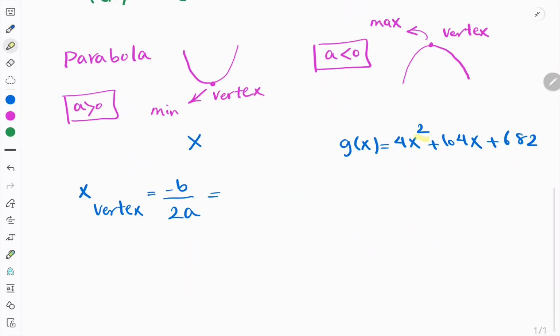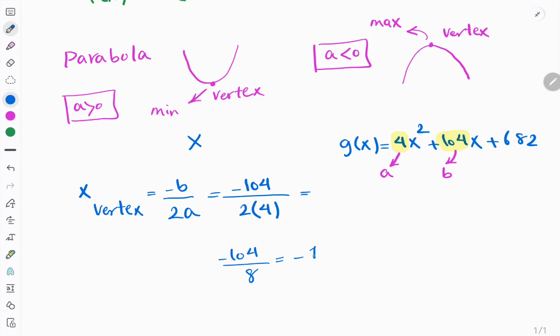Okay, and here is a and here is b. So we just need to substitute these values into this formula. Negative b is negative 104, and 2 times 4 is 8, which gives us negative 13. So the x of vertex is negative 13, which is the x value of the minimum.